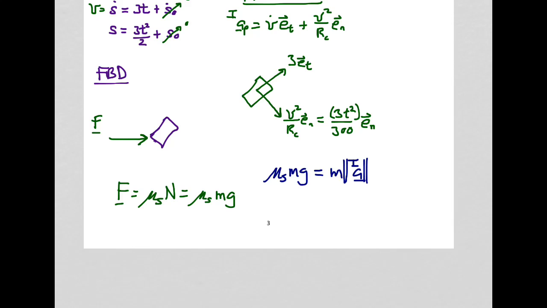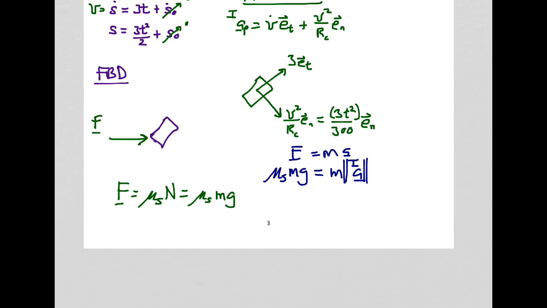We get this absolute value of the acceleration simply by looking at the components here in the et direction, the tangential direction, and the normal direction, and then finding out what that actual value is. And we do that using our application of Newton's law.